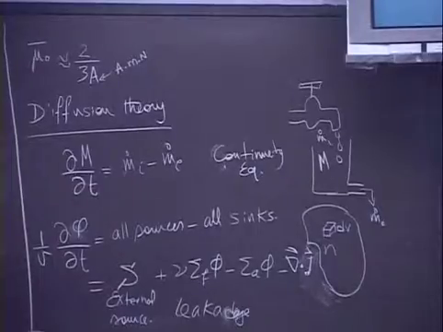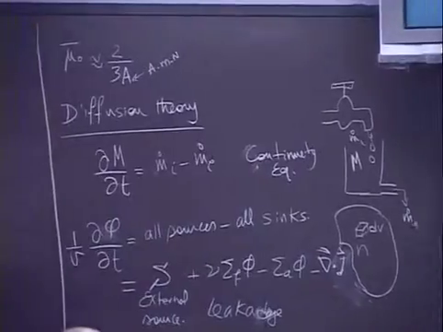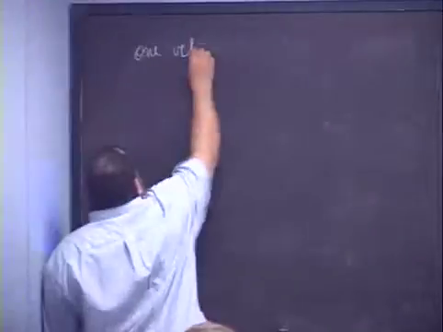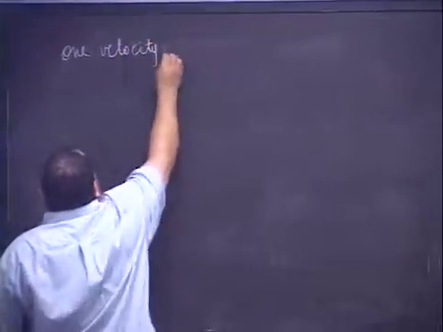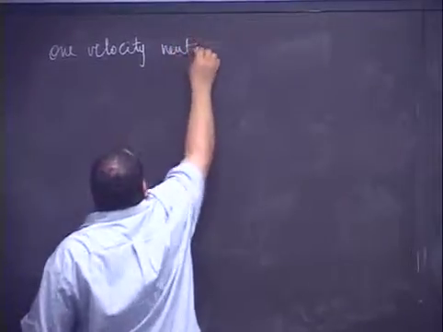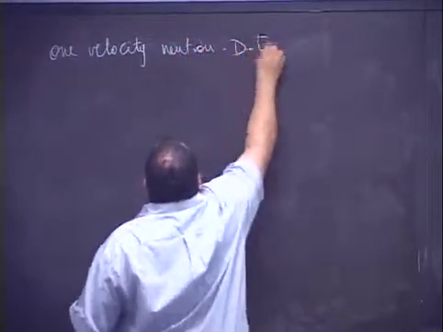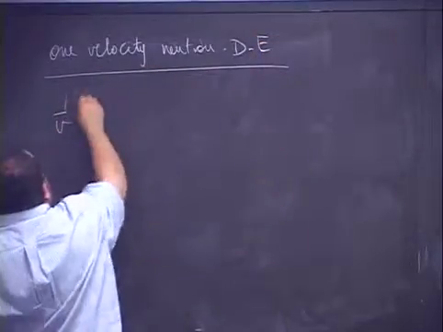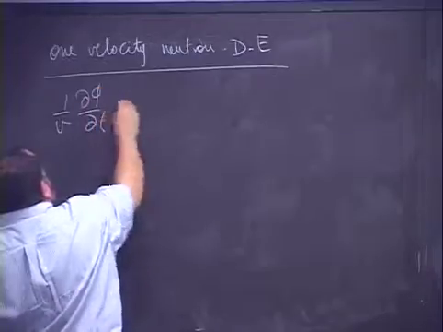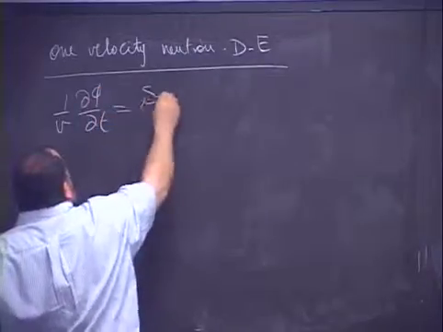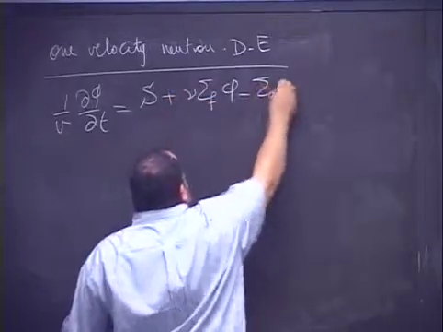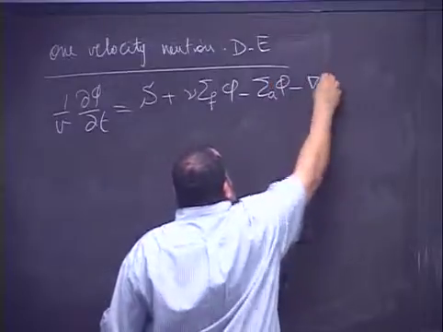So this is the single speed, one velocity neutron diffusion equation. It's 1 over V dphi/dt equal to external source plus nu sigma fission phi minus sigma absorption phi minus divergence of J.